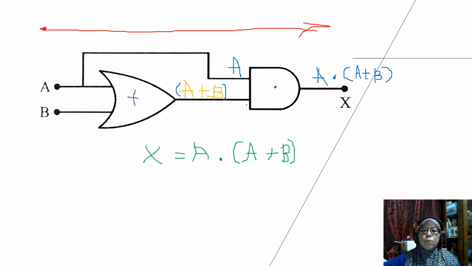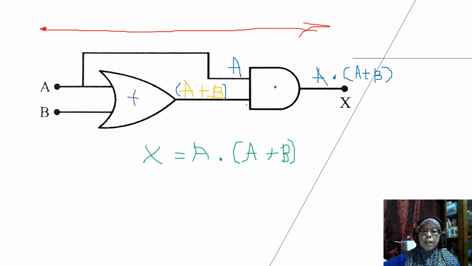Alright, so sini untuk OR gate terlebih dahulu, kenapa OR gate dulu? Because we look from left to right. So kita akan jumpa OR terlebih dahulu. So input adalah A dan B. Hubungan dia adalah OR. So A or B is your output. Right.